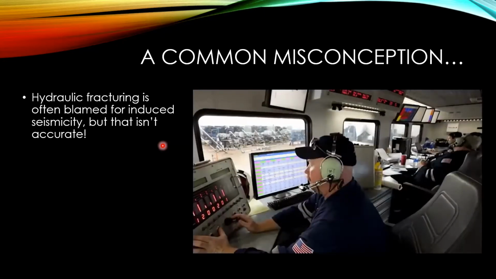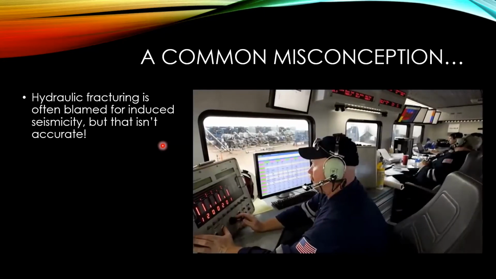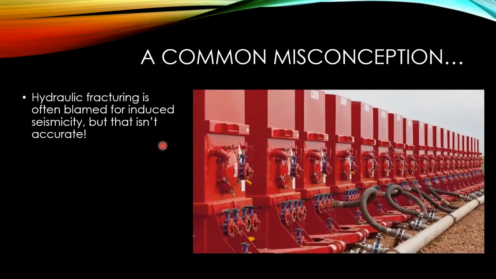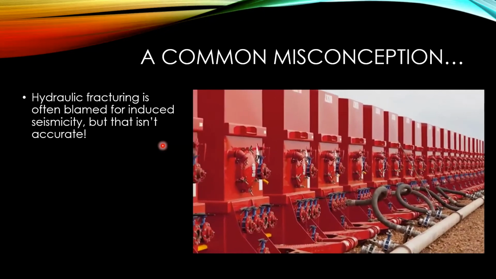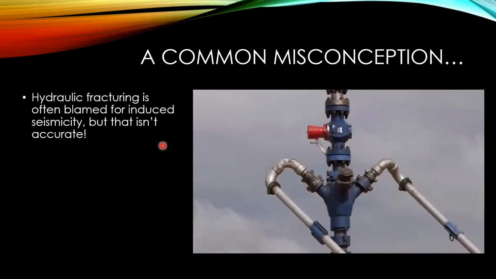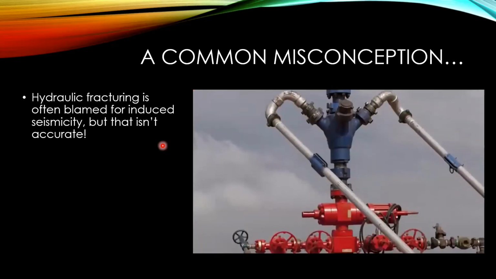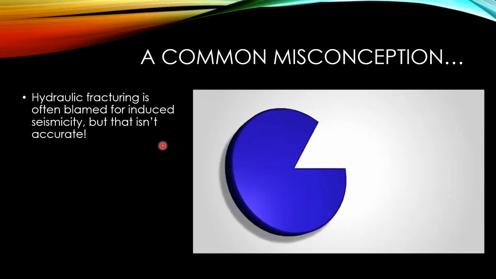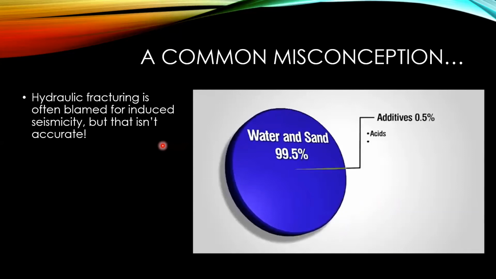The process consists of pumping a mixture of mostly water and sand, plus a few chemicals, under controlled conditions into deep underground reservoir formations. The chemicals are generally for lubrication, to keep bacteria from forming, and help carry the sand. These chemicals typically range in concentrations from 0.1 to 0.5% by volume, and help to improve the performance of the stimulation.